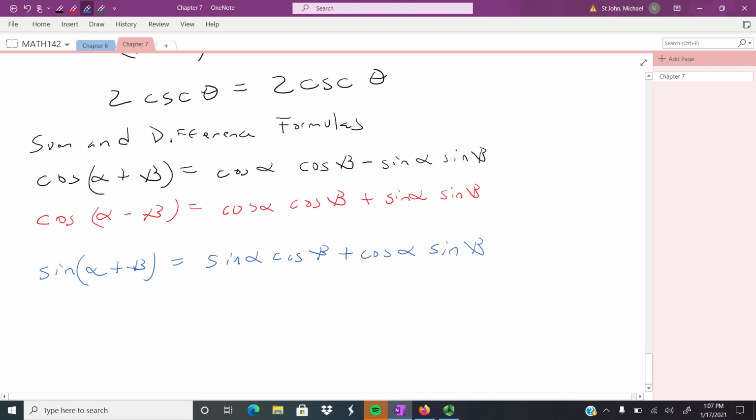And then we can have sine of alpha minus beta equals sine alpha cosine beta minus cosine alpha sine of beta.